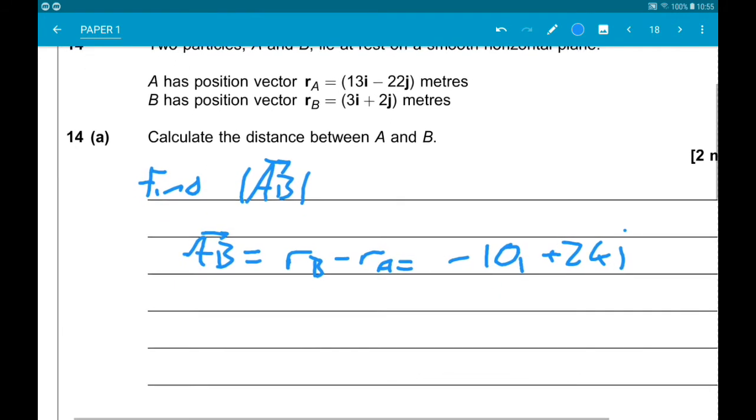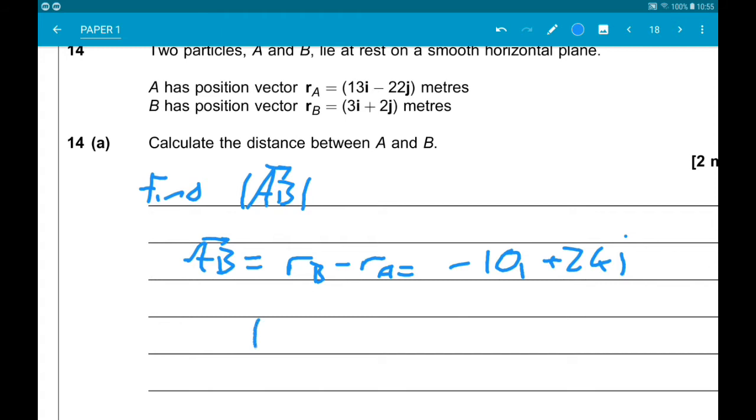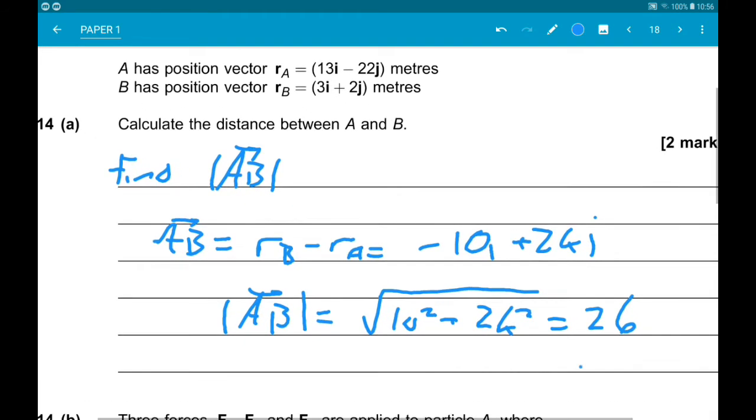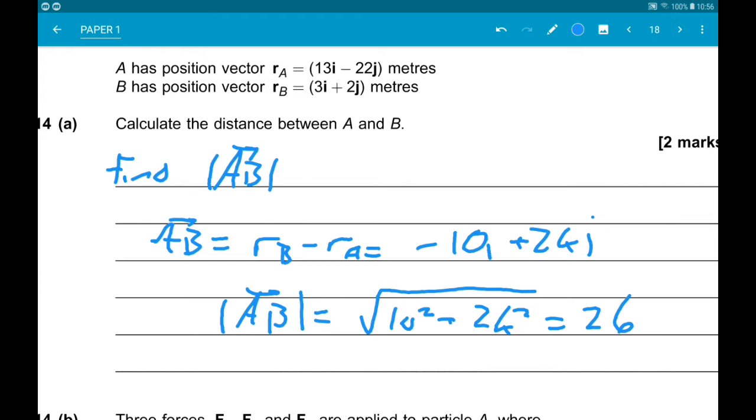Okay, and then the magnitude is the square root of minus 10 squared, which is the same as 10 squared, add 24 squared, and you should get 26. And then I guess that would be meters.